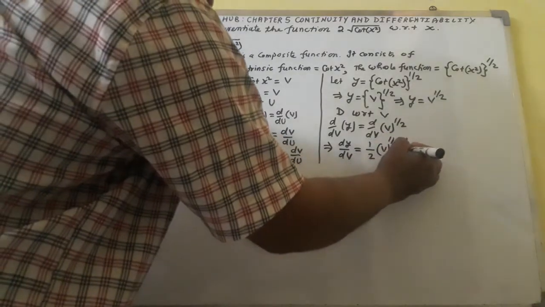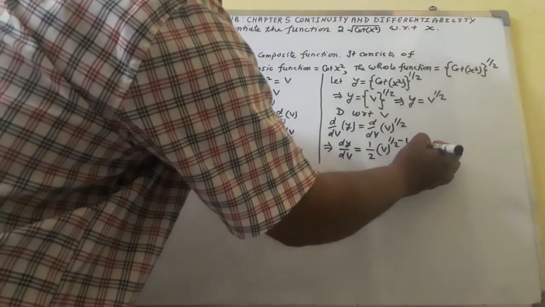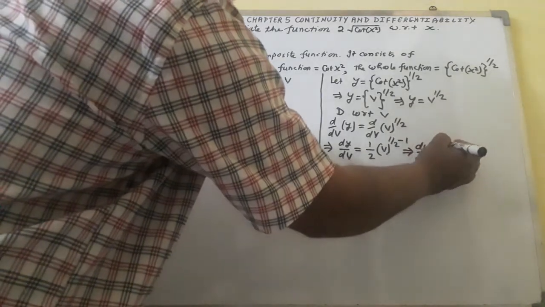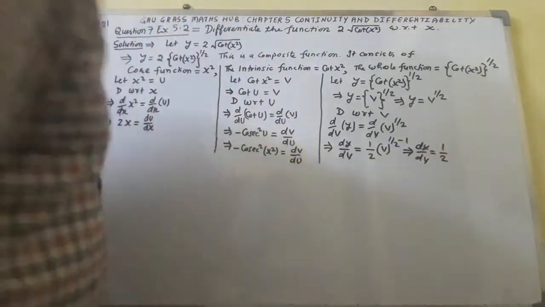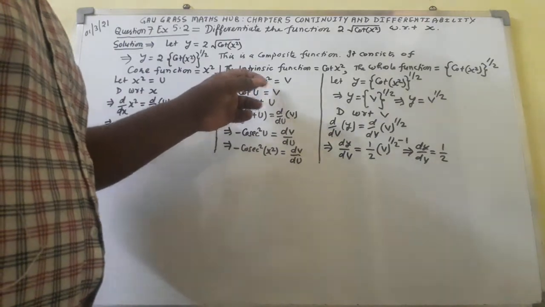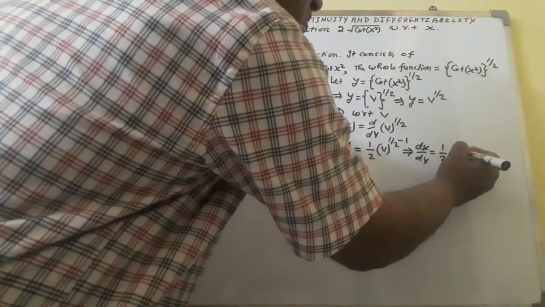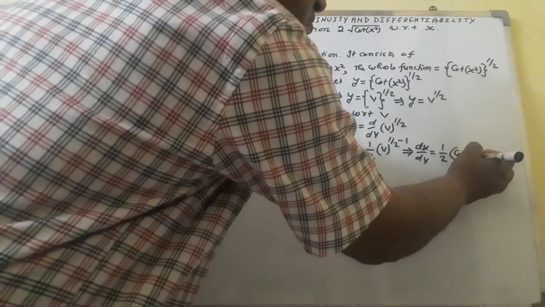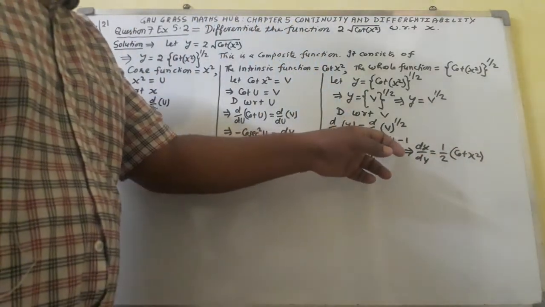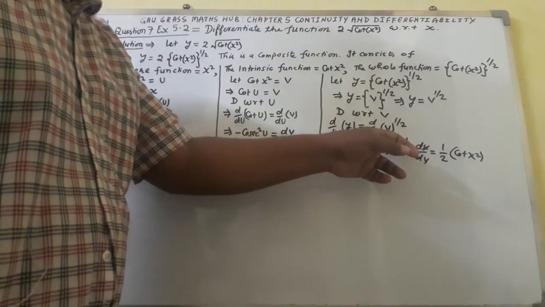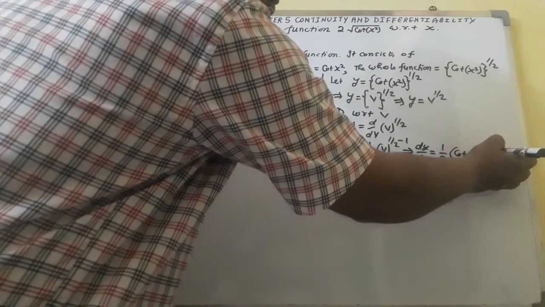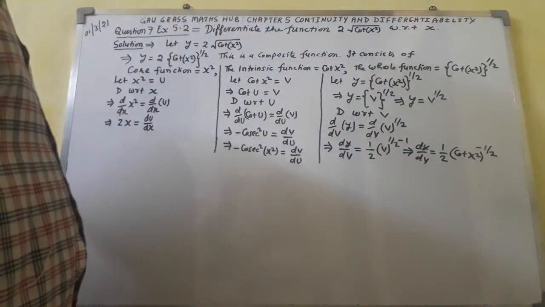In place of v I shall write cot x square. It will become 1 over 2 minus 1, which comes out to be minus 1 over 2.